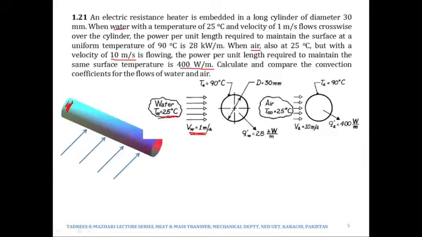The heat will then reach from the fluid to the inner surface of the pipe, and then flow from the inner surface of the pipe to the outer surface of the pipe via conduction.